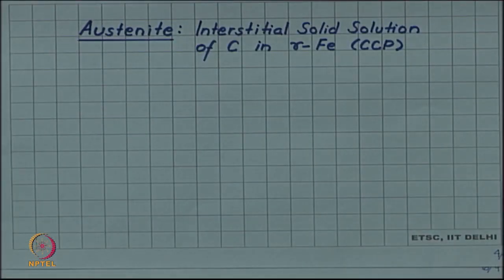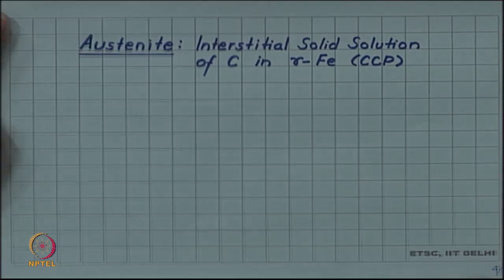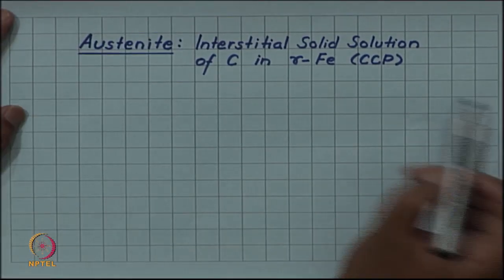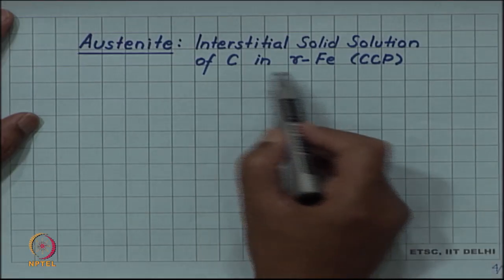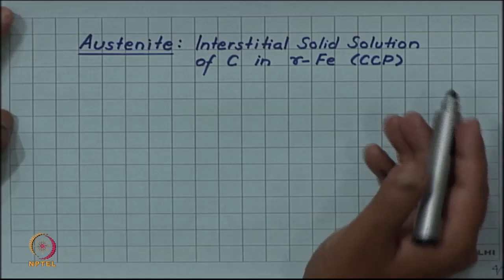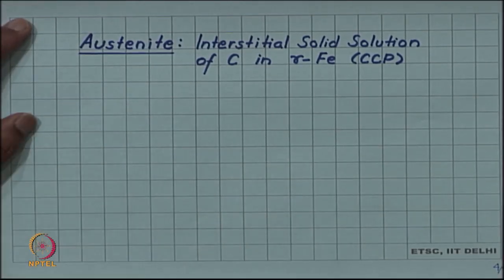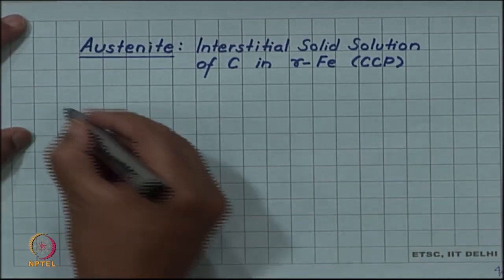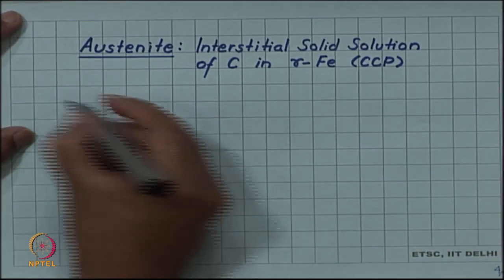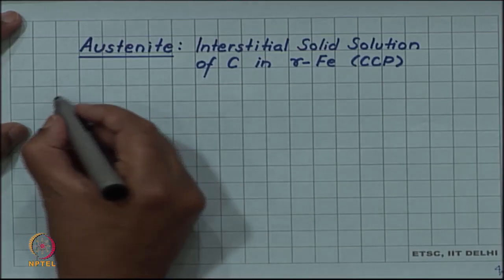Let us look at a real example, that was a cartoon 2D example, a real example of a solid solution of carbon in gamma iron. This is austenite. The name of this solid solution in particular is austenite, and let us look at what is the real situation in this.